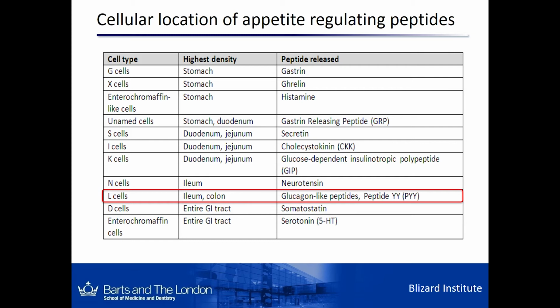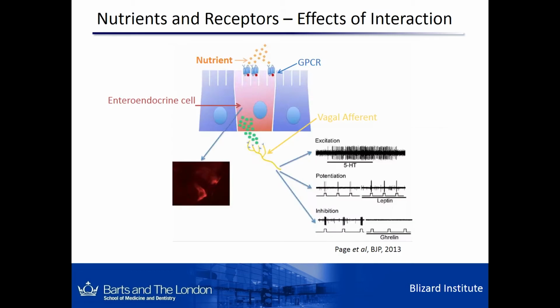And we're really interested in the colon because, like I showed you before, that data shows that nutrient-sensing receptors are expressed here, and therefore we're really interested in L cells, also because of their ability to regulate appetite by GLP1 and PYY.